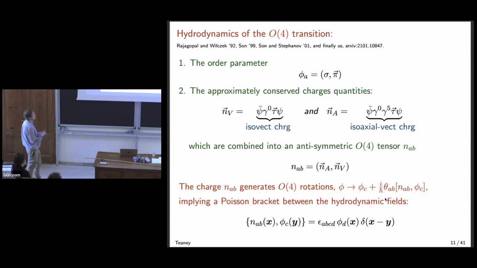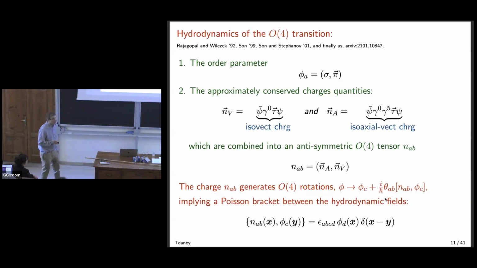The isovector charge is basically isospin, u minus d, and the isoaxial vector charge is u left minus d right plus d left minus u right. Neither of which is anomalous, it's all fine.